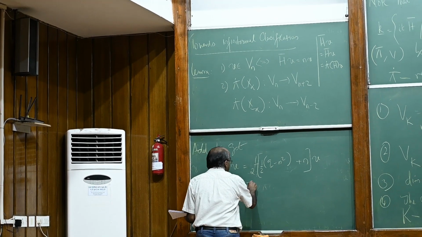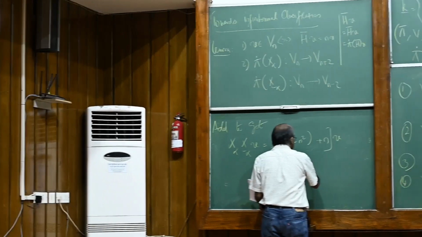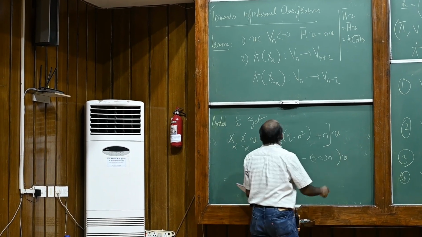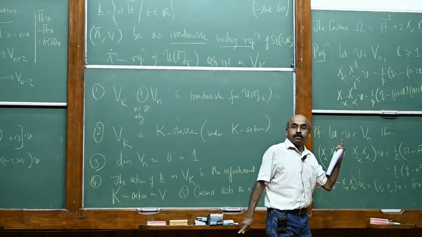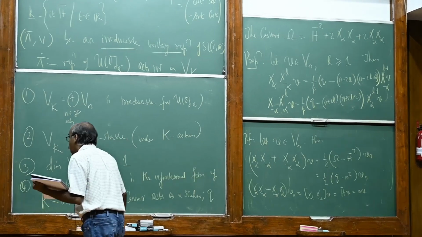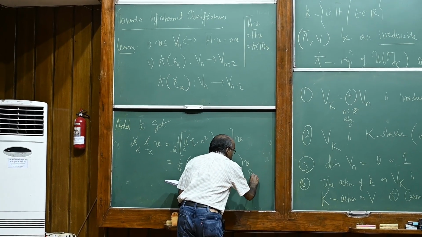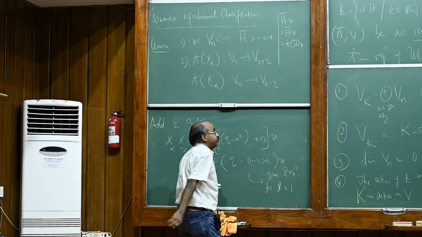So if you rewrite, you will get 1 by 4 Q minus n minus 2 into n V. And that's precisely the proposition for L equal to 1. Okay, so this gives the proposition for L equal to 1.